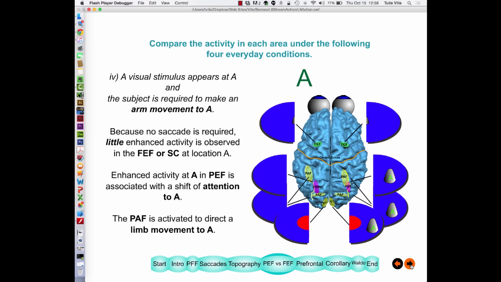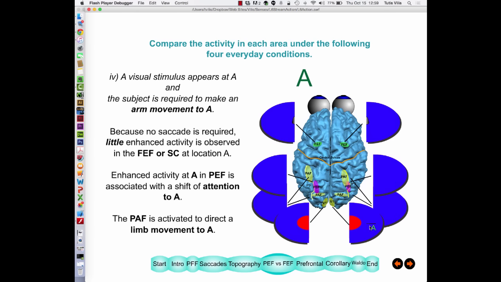Okay. So what happens if, again, A appears, and you're told not to make a saccade to it, but to reach towards it or to point towards it? What happens here is you're asked to attend to A because you don't know where A might be, but when it appears, you point to it.